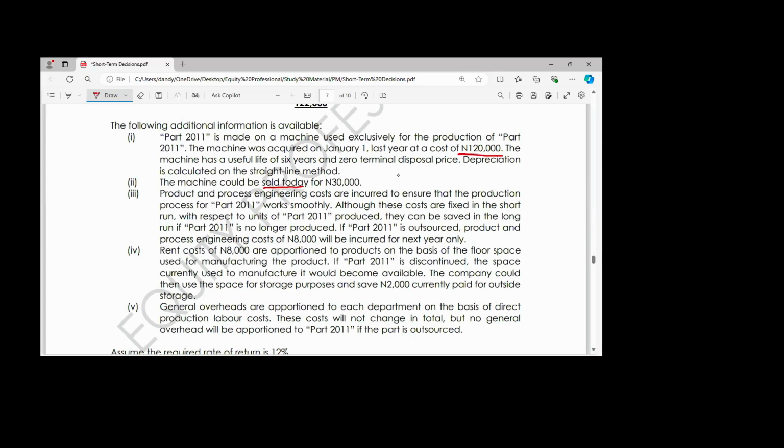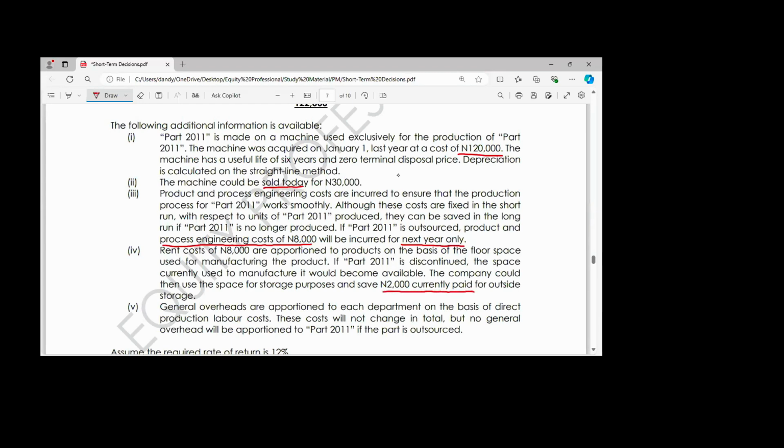If Part 2011 is outsourced, product and process engineering cost of 8,000 will be incurred for next year only. 4. Rent costs of 8,000 are apportioned to products on the basis of the floor space used for manufacturing the product. If Part 2011 is discontinued, the space currently used to manufacture it will become available. The company could then use the space for storage purpose and save 2,000 currently paid for outside storage.